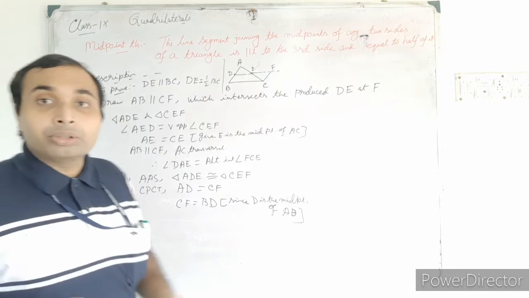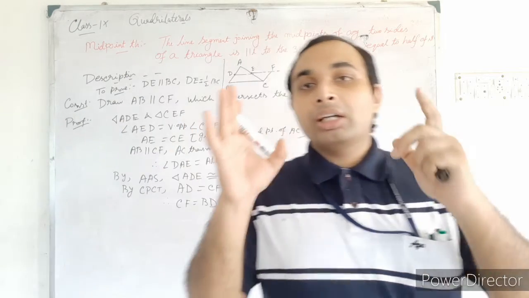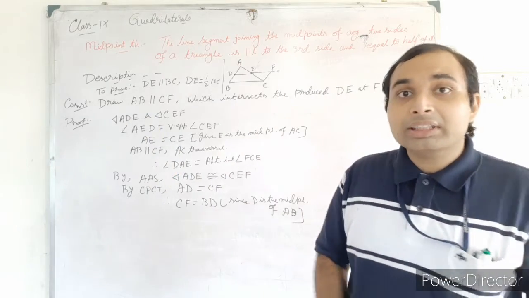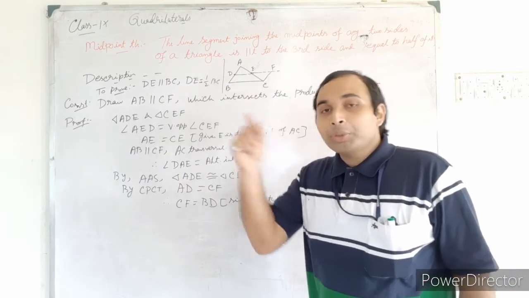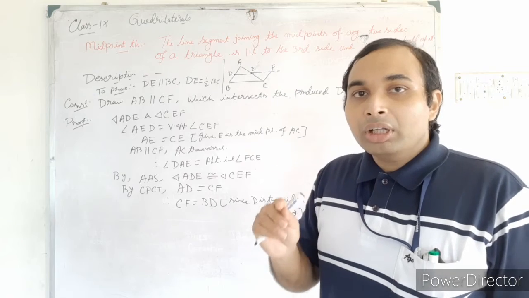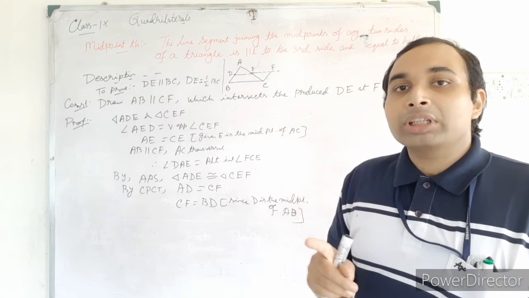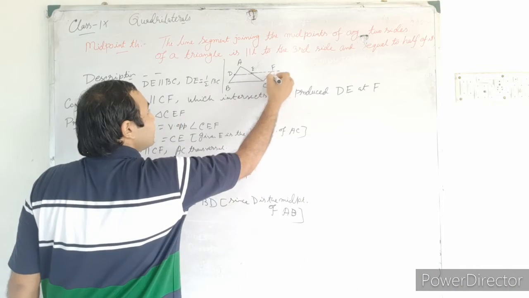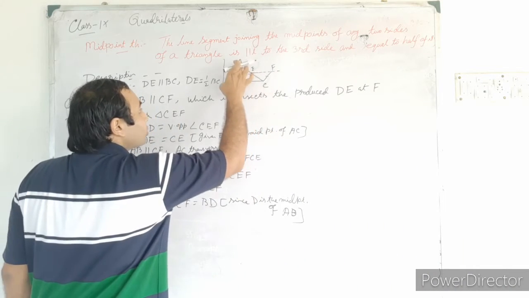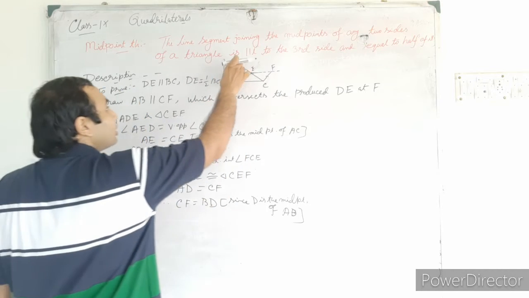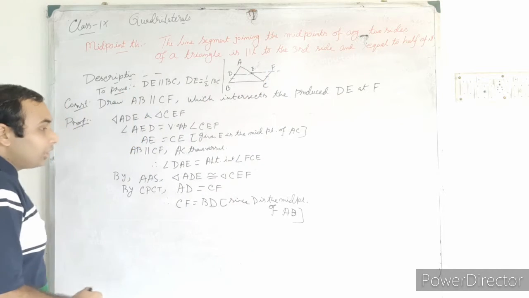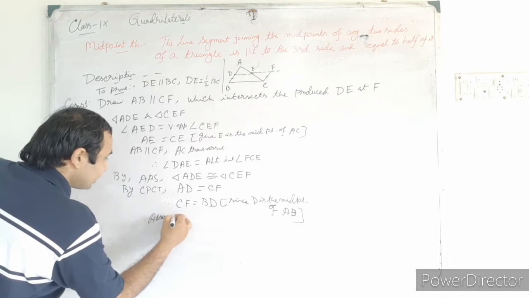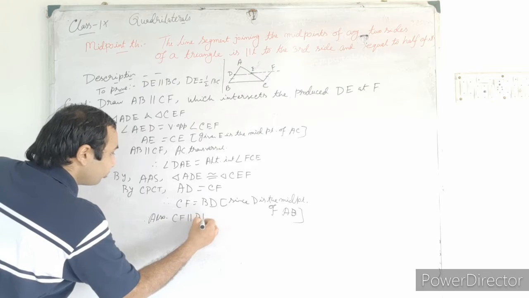Now we are going to apply the most important criterion for a quadrilateral to be a parallelogram: one pair of opposite sides should be equal and parallel. Just see what we have got. CF is equal to BD, and by construction AB is parallel to CF, so obviously CF is parallel to BD.